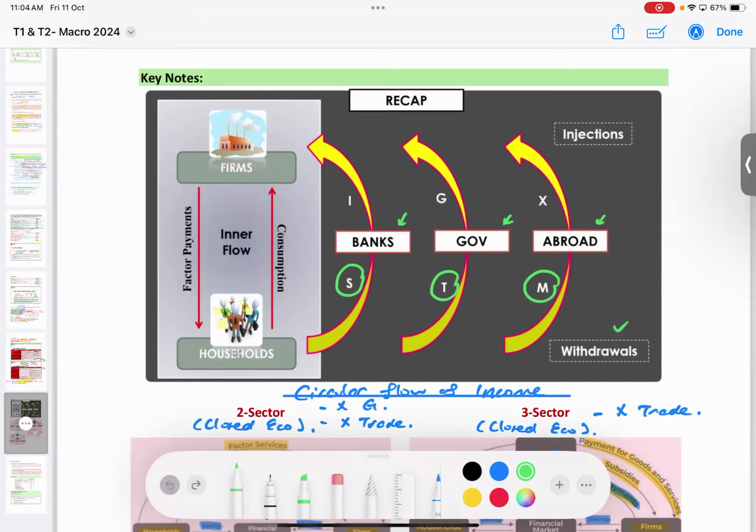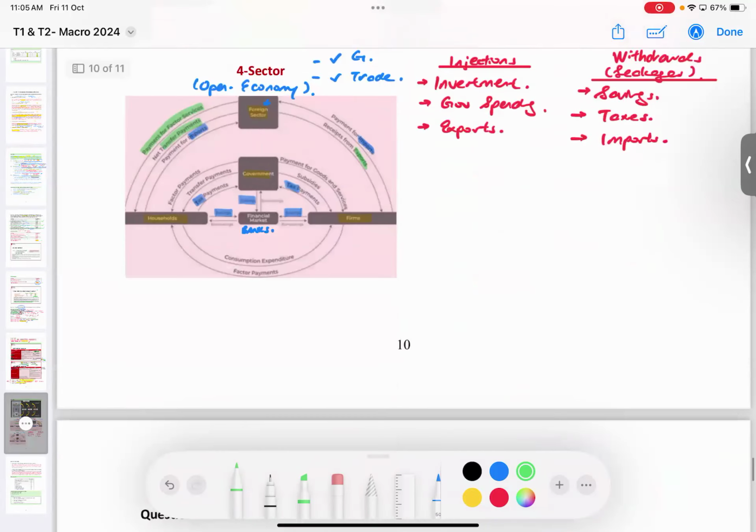Therefore these three, saving, tax, and imports, are withdrawal.